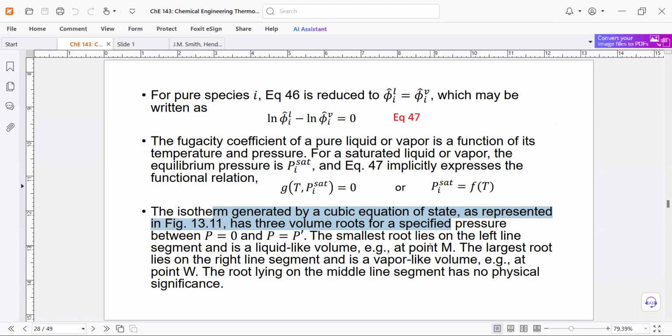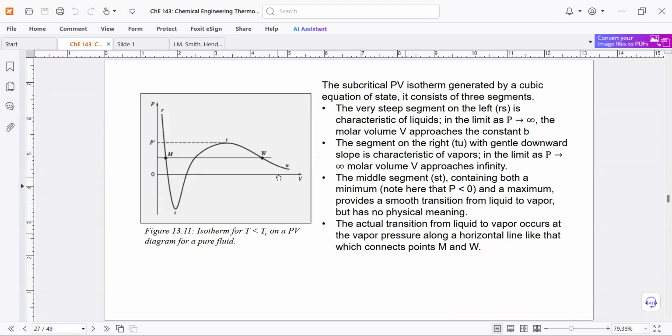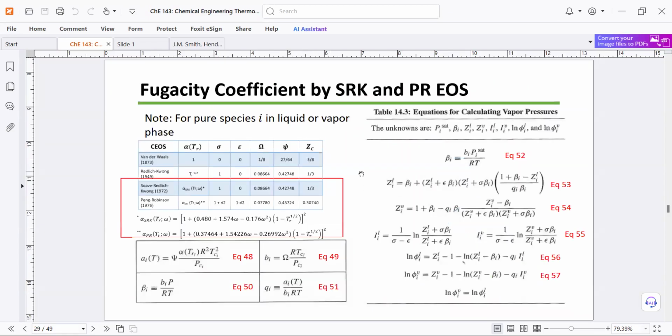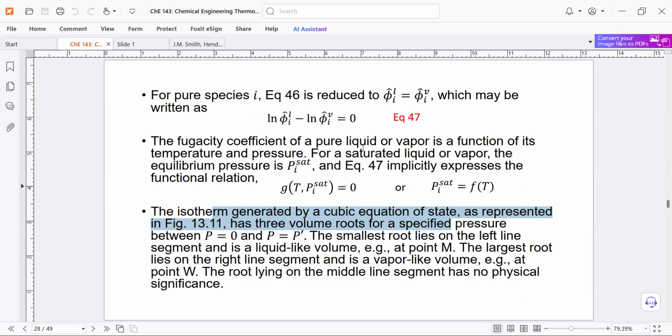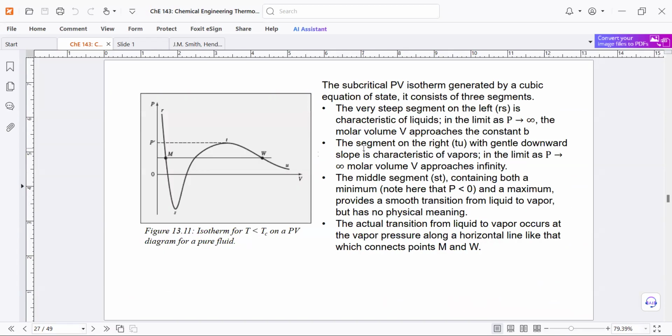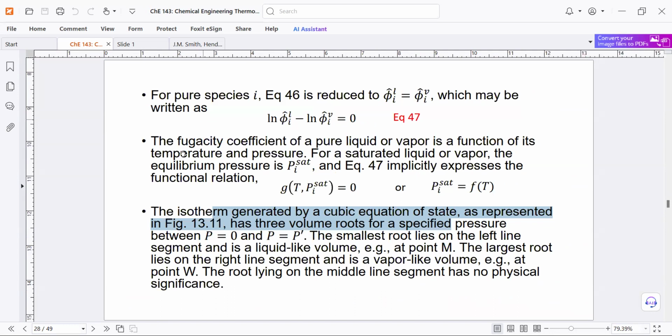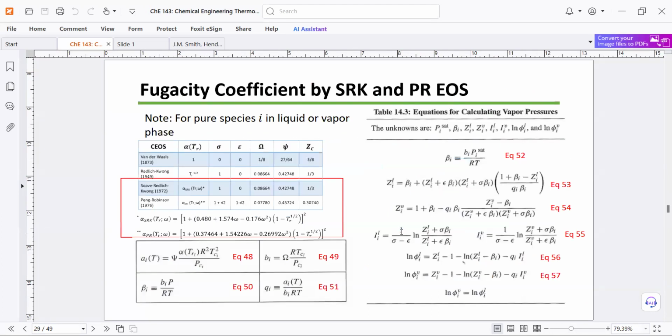Again, the cubic equation of state would give us three roots: the liquid-like, the vapor-like, and the middle one has no physical significance. Okay, so that's a review of the cubic equation of state, and also the introduction of the fugacity coefficient into the discussion.